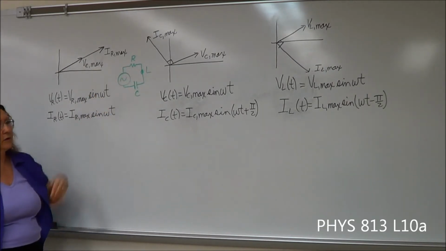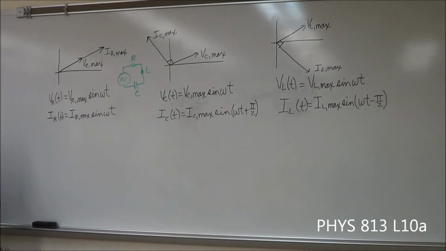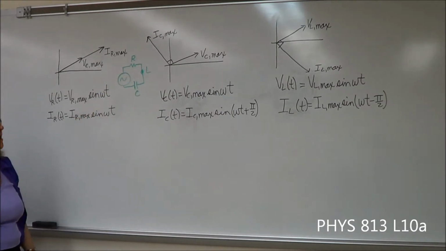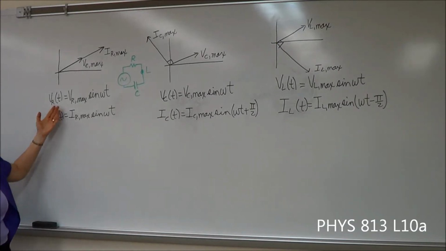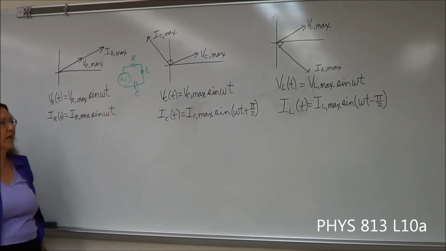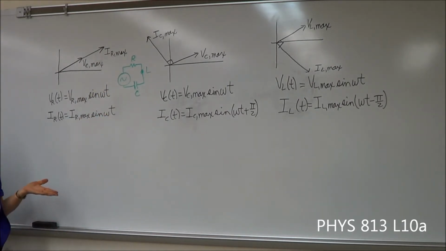Now again, the current is alternating, so it's constantly changing, but at any particular instant, the current is the same at all points in this circuit. So with that in mind, we're going to look at these three phasor diagrams and sets of equations and modify them so that we do have the current the same for all three of those.